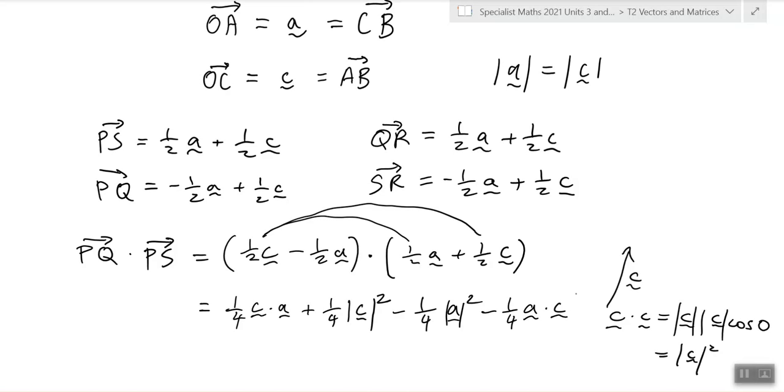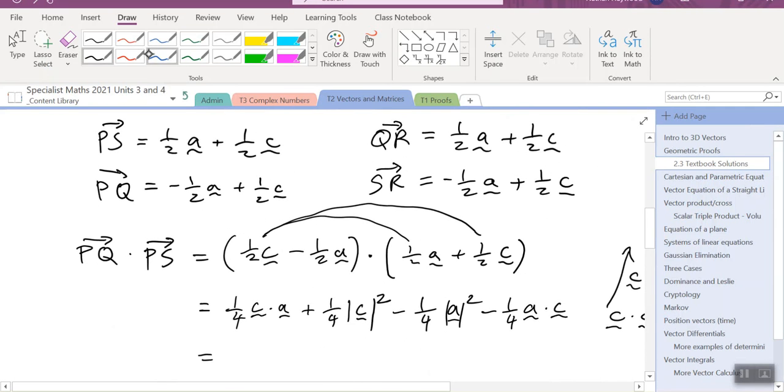I can't think of any other way of explaining it apart from you're allowed to expand the dot product like this. So this bit eliminates this bit, and then the magnitudes eliminate because we've already specified this.